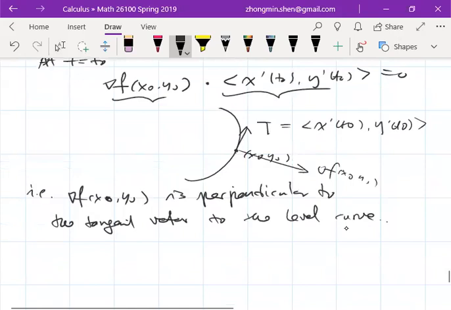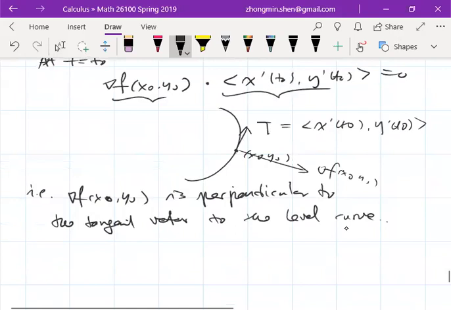the directional derivative reaches the maximum value, because the function is constant, no change along the level curve. So along the tangent, in the direction of the tangent vector to the level curve, I should say that the directional derivative is 0. No change, because along this level curve, the value of the function does not change at all.